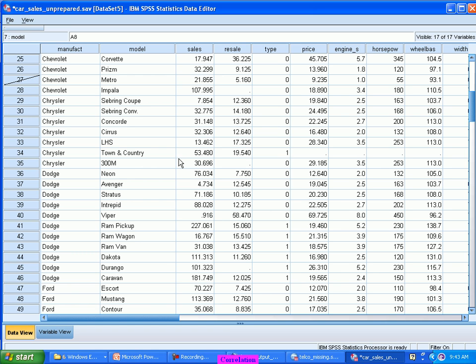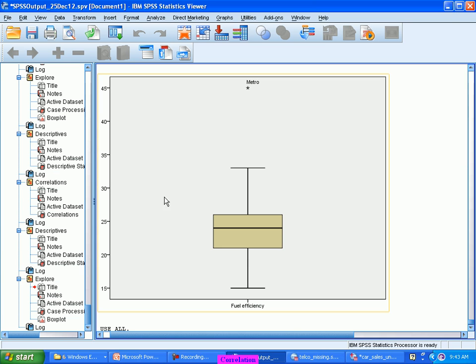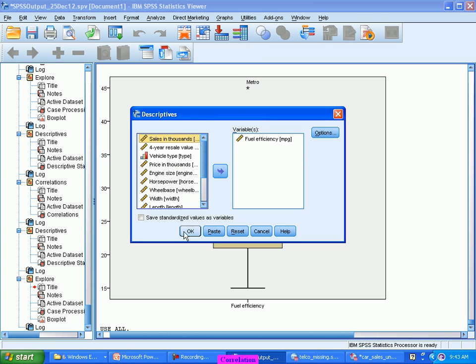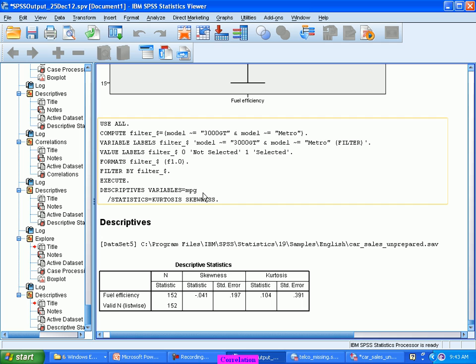Now when I try repeating the same process, descriptives, I hope fuel efficiency should be fine. Yeah, this is very good. The skewness is minus 0.04 and kurtosis is 0.1, which are very much fine.